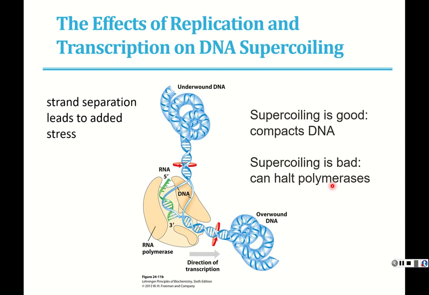So there are some ramifications to supercoiling in DNA, and those occur in replication and transcription. We'll go into detail about these processes in future lectures, so don't worry about getting all the details right now.